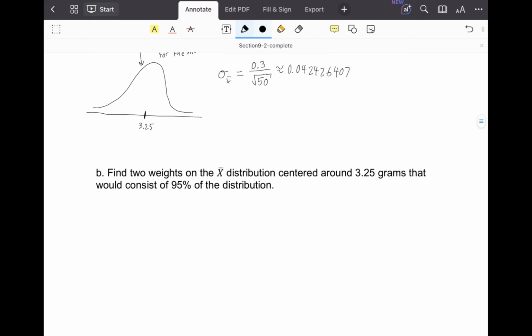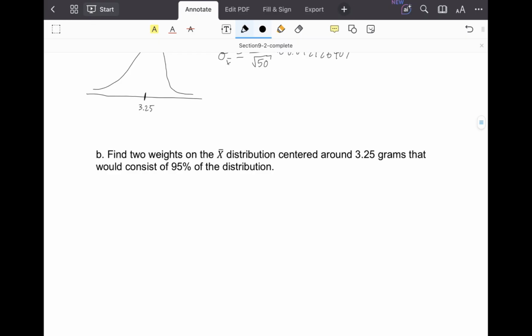But part B asks us to use this distribution that we just made in order to find a value centered around 3.25 grams, or values around 3.25 grams, that would consist of 95% of the distribution.